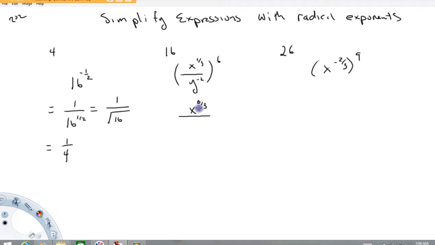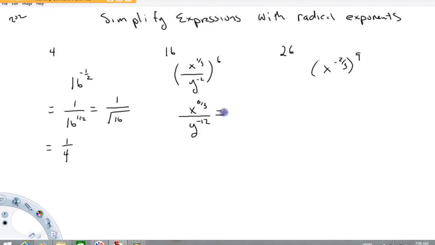That would give us x to the 6/3. In the bottom of our fraction, we have y to the minus 2, again being raised to the 6th power, so that's going to equal y to the minus 12.